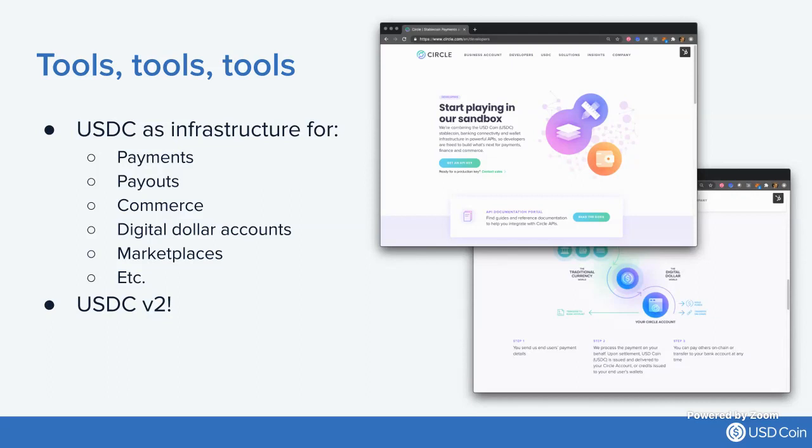We have actually pretty much bet the company now on this, and we offer a number of developer tools, whether it is on fiat on and off ramps, custodying, and various other types of APIs. And Coinbase also has obviously a ton of resources for that. So make sure you head over to the resources that those two companies have, and there should be a ton more developer tools coming out.